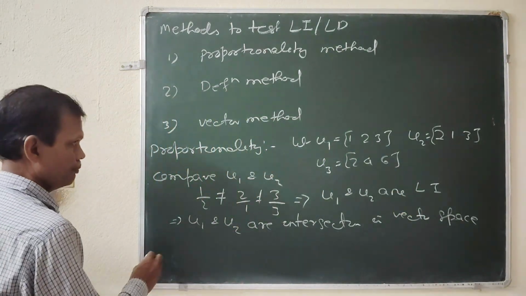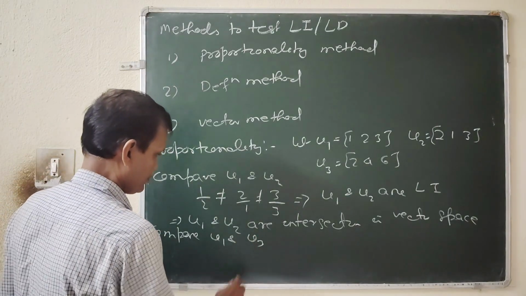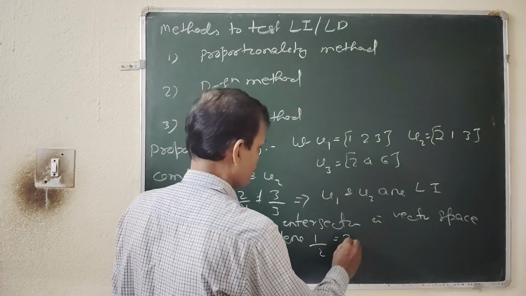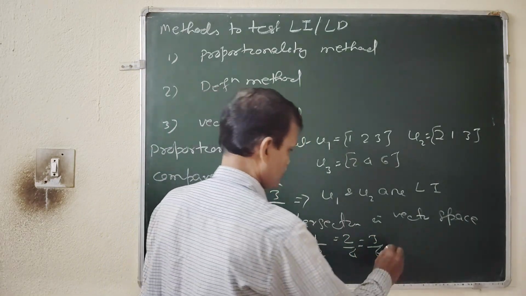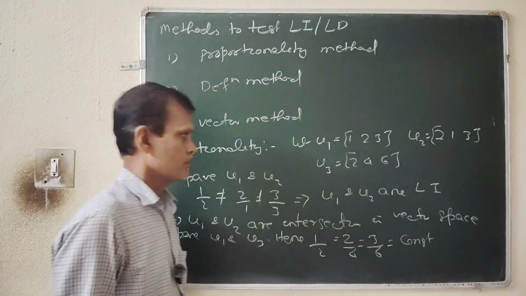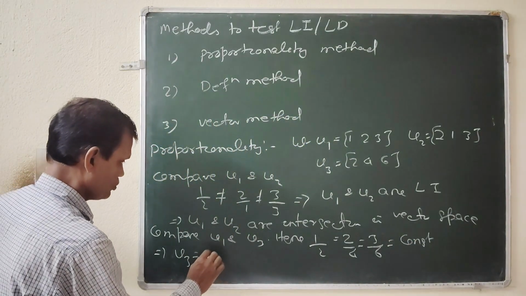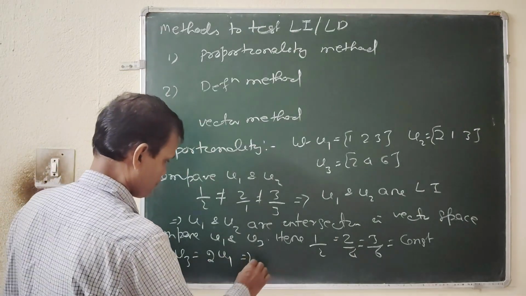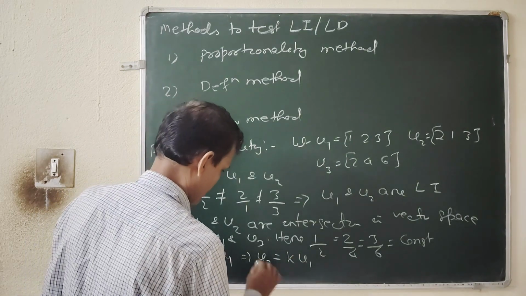Then come to v1 and v3. Compare v1 and v3. Here 1 by 2 is equal to 2 by 4 is equal to 3 by 6 is equal to a constant. So that implies v3 is equal to 2 v1, or we can say a vector is written as some constant times v1.